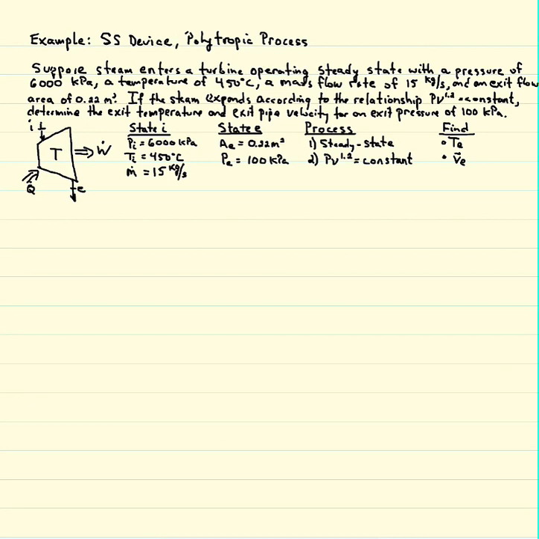Okay, so now in writing out the solution, what I typically like to do is think through the problem first and try to understand how I can work it such that I get to the exit temperature and the exit velocity. A good starting point will be our generalized equations, things like conservation of mass, conservation of energy, and the entropy equation.